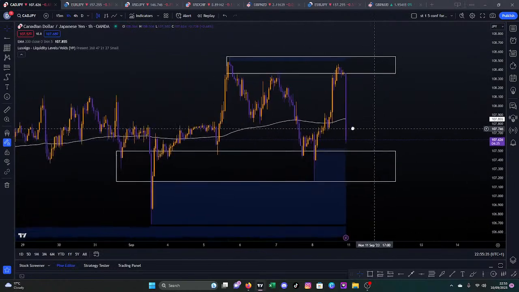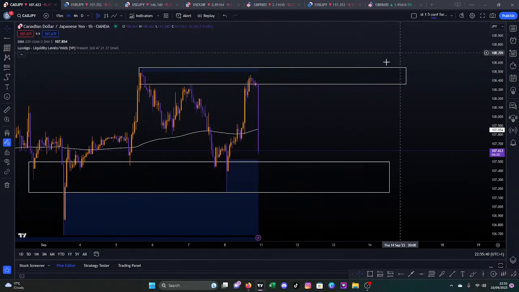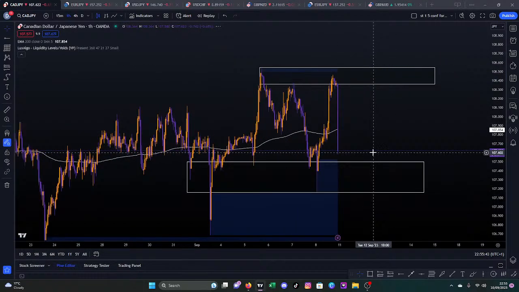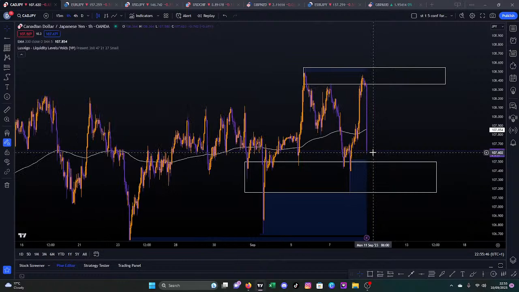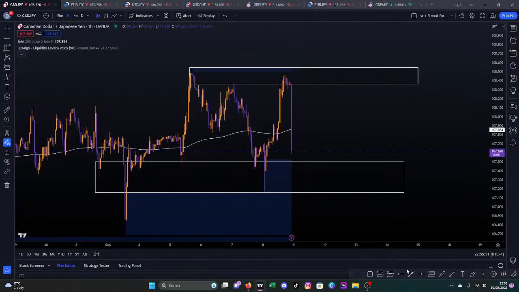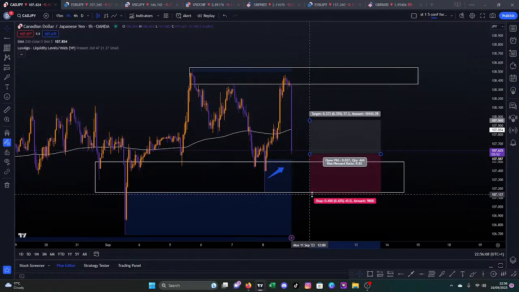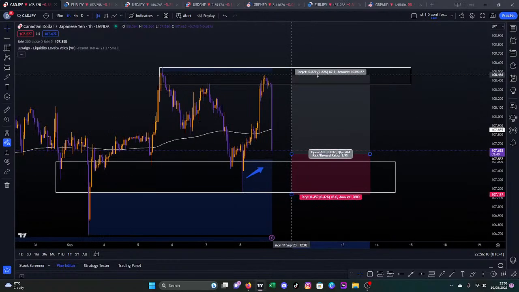This one I want to see retracement again. If I see it starts to move up around about here and it doesn't break through, I would probably put a buy in from about there, stop loss just underneath, and take profit about here.